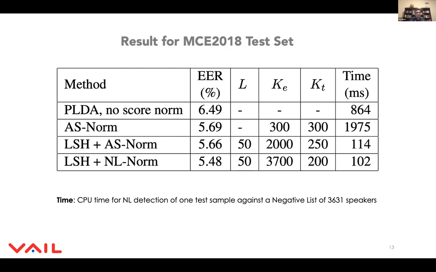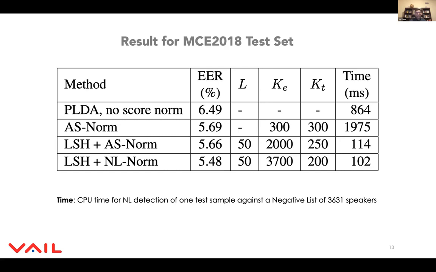So this demonstrates that by using these two techniques that are specific to negative list detection, first, with the application of LSH, we can reduce the processing time drastically with little impact on the EER, the detection accuracy.